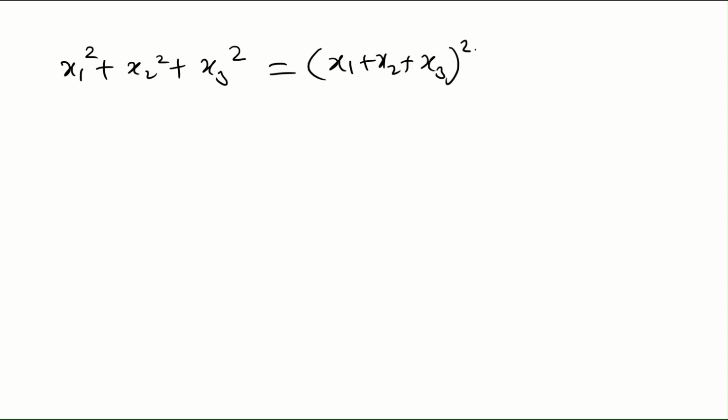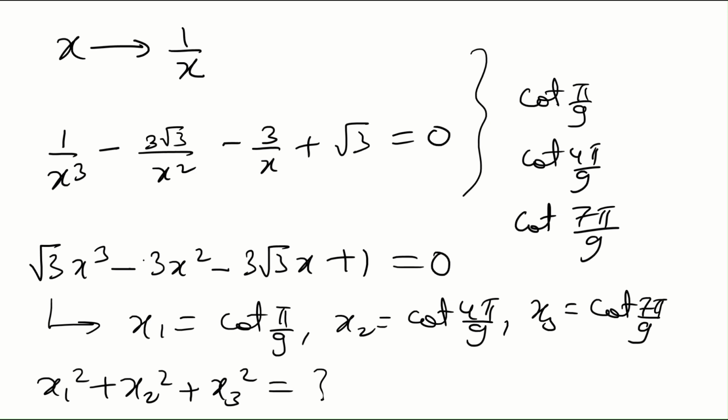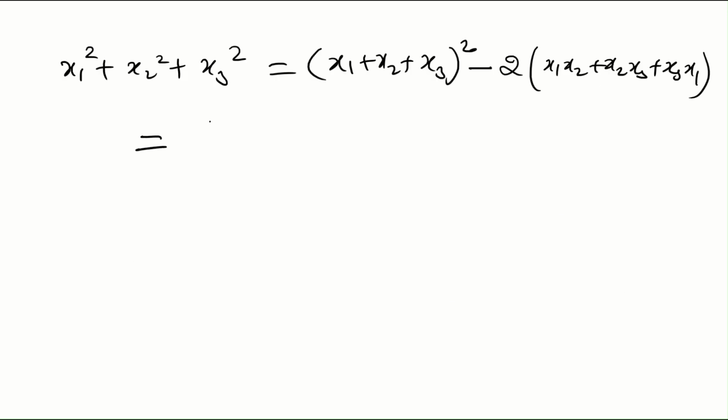We know that x1 squared plus x2 squared plus x3 squared is basically the square of the sum of the roots, (x1 plus x2 plus x3) whole squared, minus twice of (x1 x2 plus x2 x3 plus x3 x1). And from here it's really simple to simplify. We know that the sum of the roots is given by 3 over square root of 3.